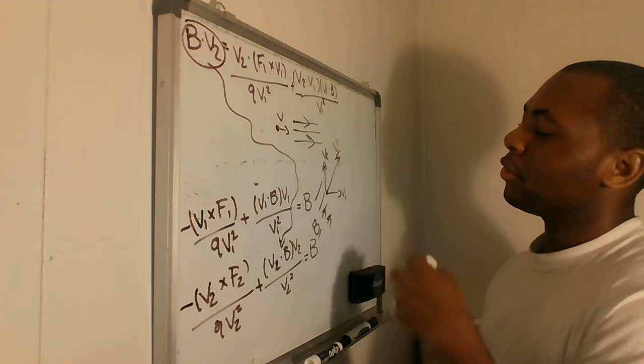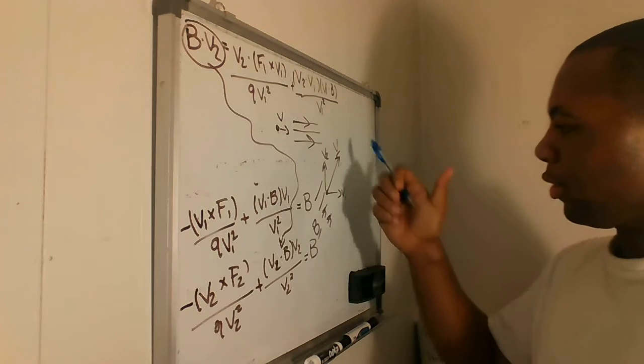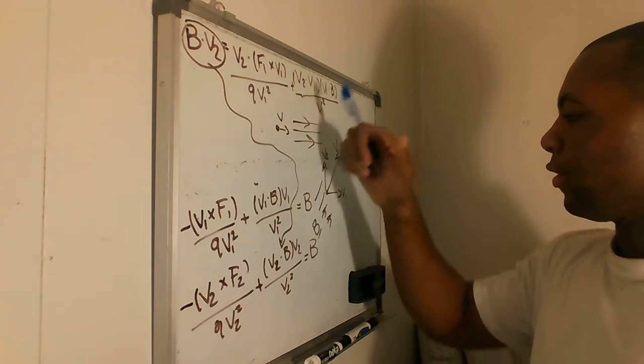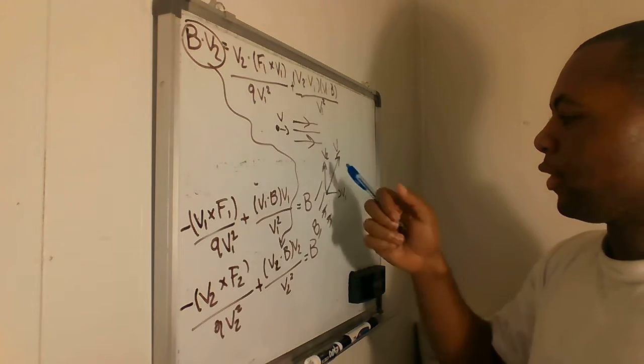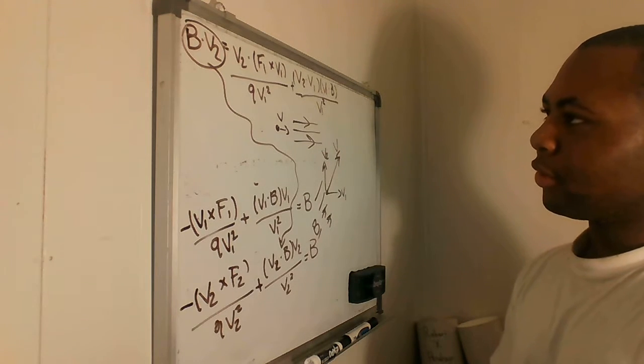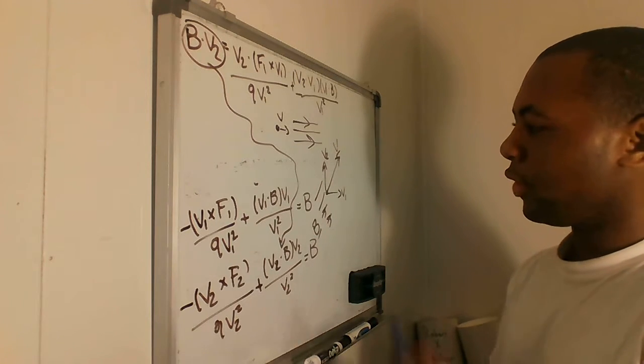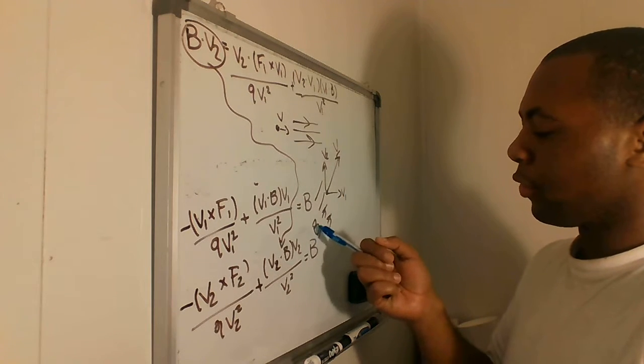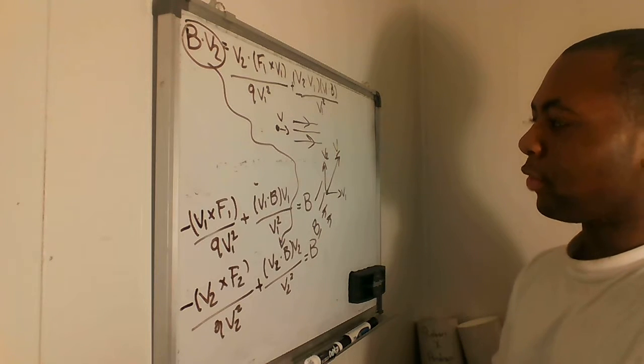You get a force. It's perpendicular to both, so it's something like this. The force is somewhere like this for V2 and somewhere like this for V1. And so those are your forces. So you're saying that the forces are also perpendicular, because if these two are perpendicular and they're crossed with this, then the forces have to also be perpendicular.